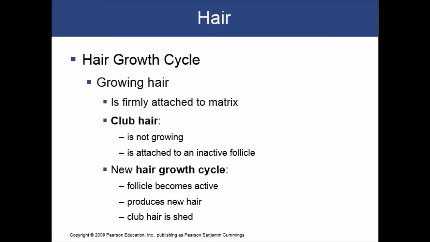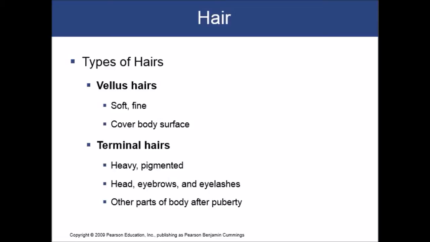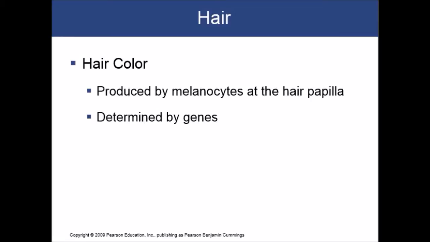What's the club hair and the new hair growth cycle? This is also important. Versus the two types, the vellus and the terminal hair. It is important to differentiate between those two. What's the vellus hair and what's the terminal hair? What determines the hair color? It's the melanocyte. Where? At the hair papilla, determined by genes.